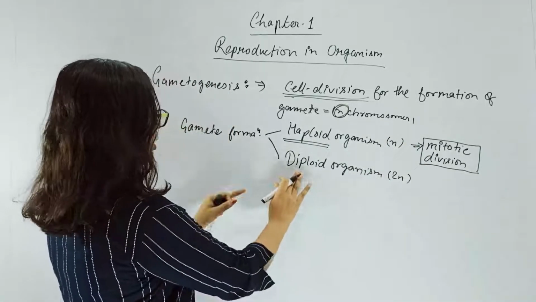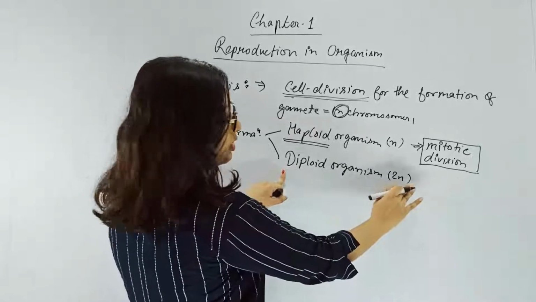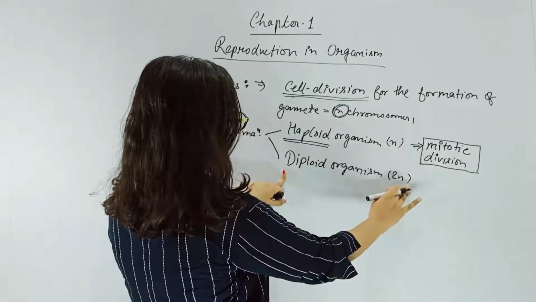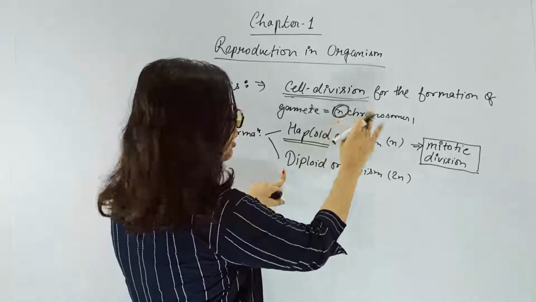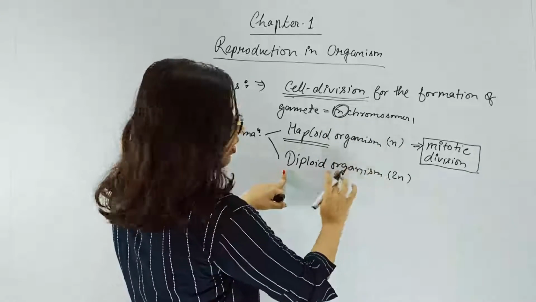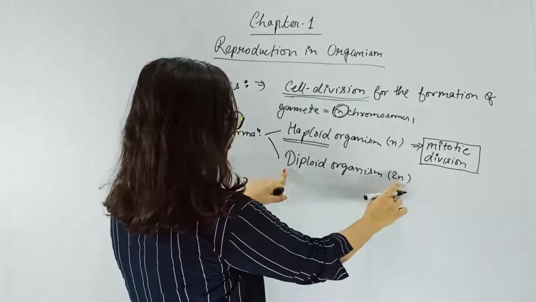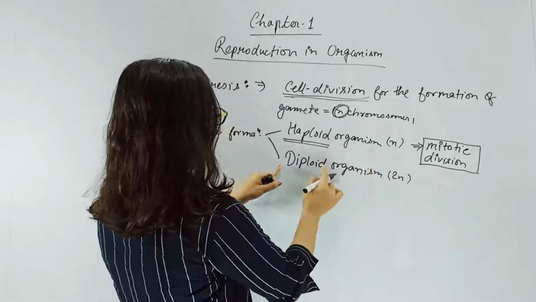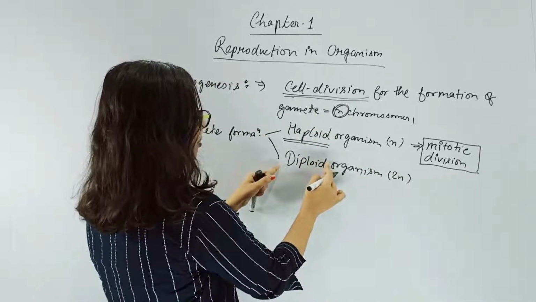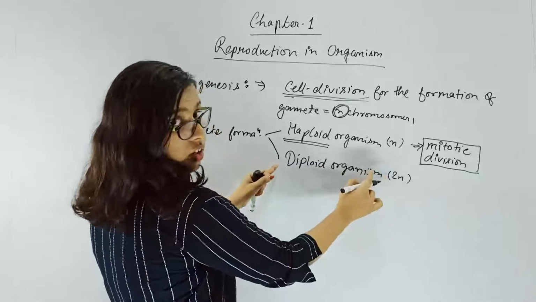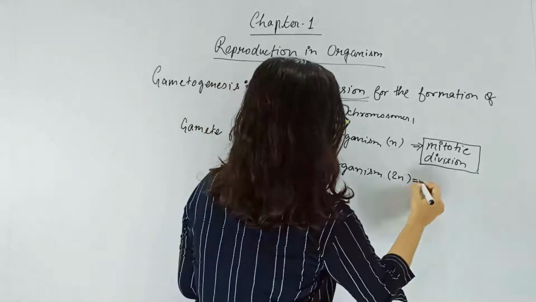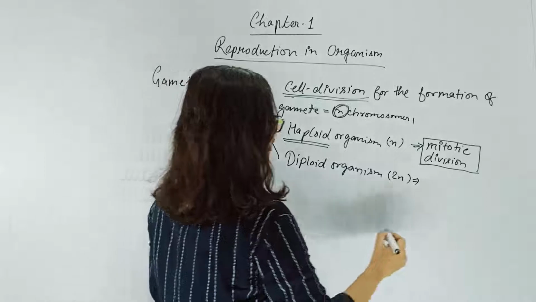But the diploid organism has double the number of chromosomes than the gamete. Gamete has N, this has 2N, double the number of chromosomes. So if the gamete formation has to happen in case of diploid organism, then what type of cell division will take place?